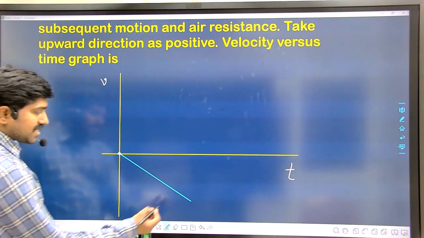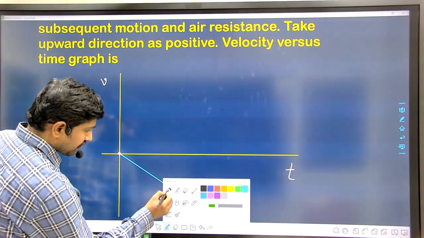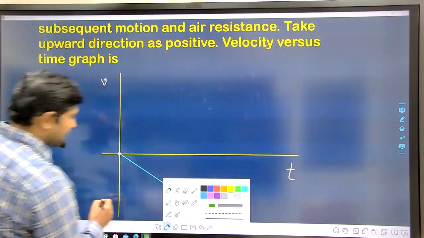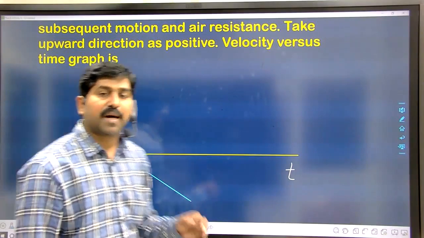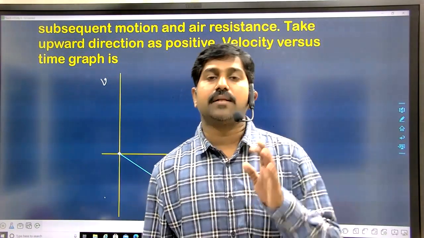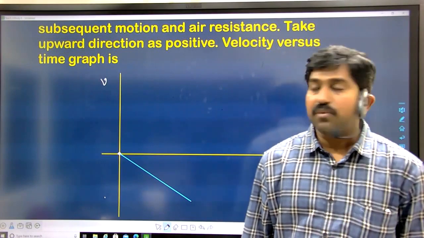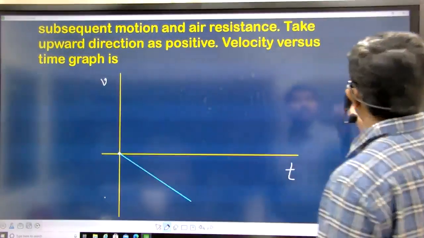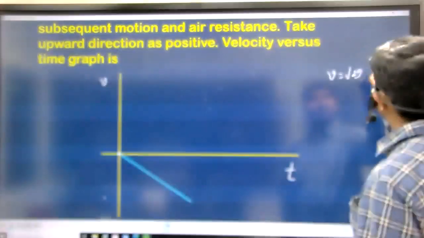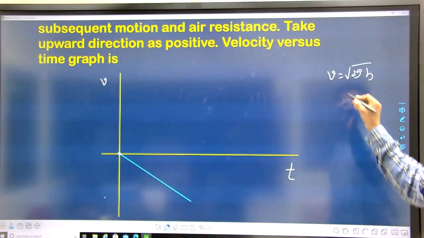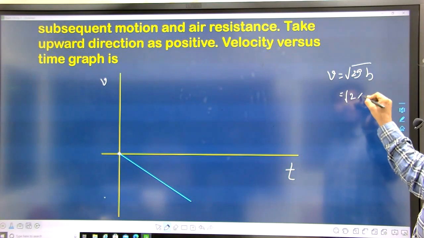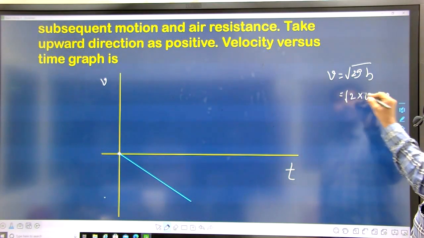But when it just reaches the ground, what will be the final velocity that we have to calculate? When any particle is dropped from 20 meters height, what will be the final velocity? V is equal to root over 2gh only. Simply you can write V equal to root over 2gh, and that is equal to root over 2 into 10 into height 20.